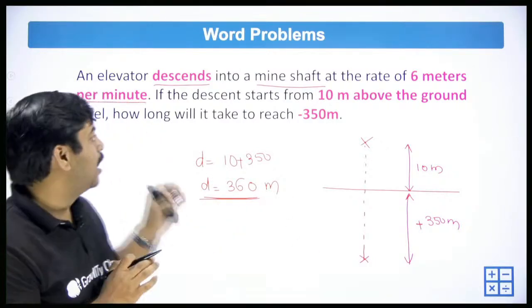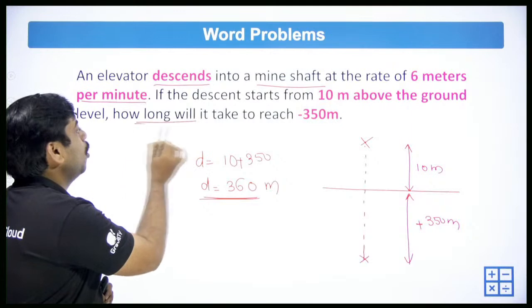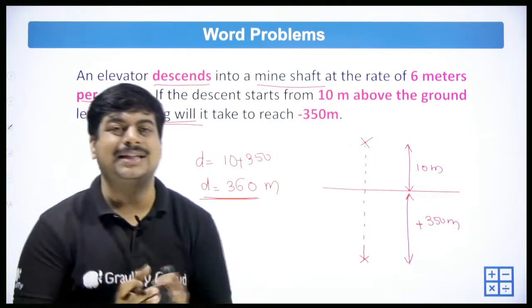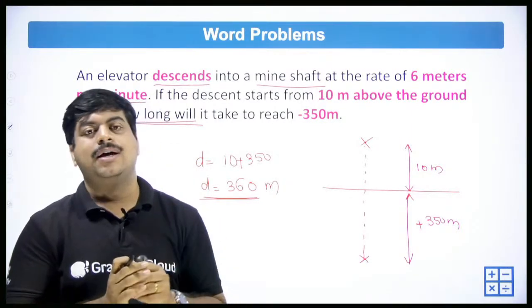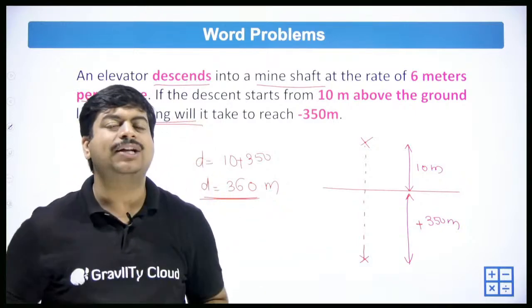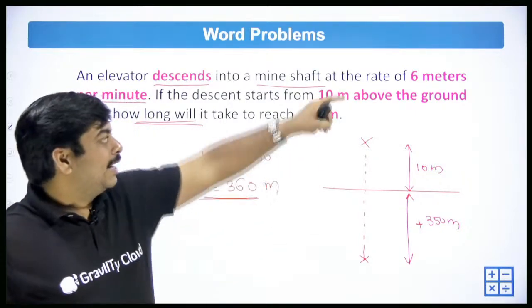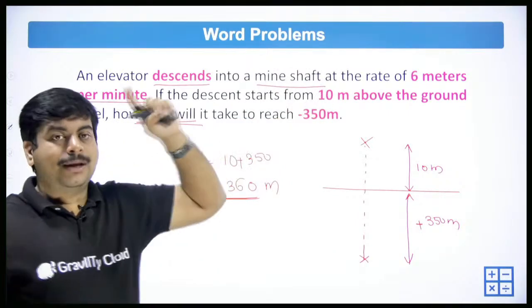But we should find how long it will take, meaning how many minutes or hours, what is the total duration of that journey at the rate of 6 meters per minute.